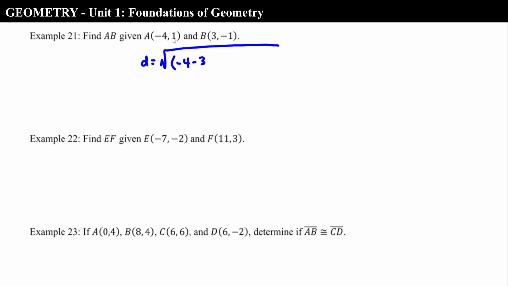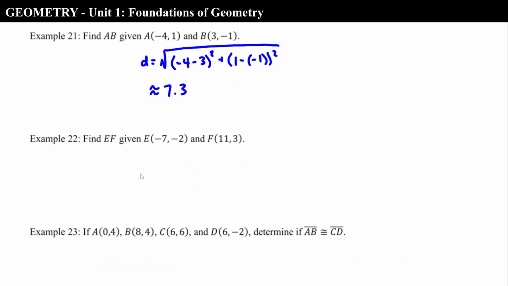It doesn't matter which one you do in which order, just as long as your x2's go together with your y2 and your x1 goes with your y1. So we did -4 first. Let's do 1 next, minus -1. And if you put this into your calculator, you're going to get approximately 7.3.